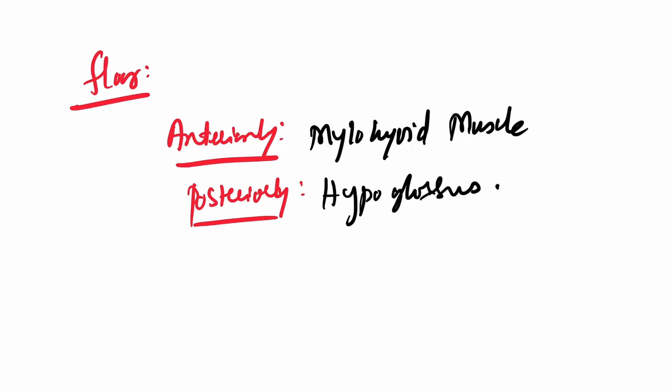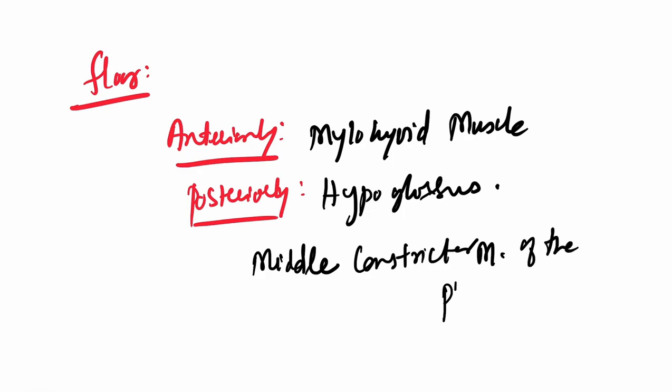A small part of the middle constrictor muscle of the pharynx also appears in the floor. So the floor is formed by these structures.